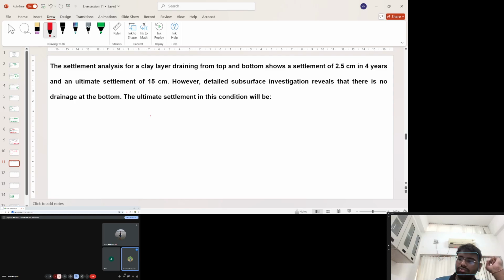Any idea how to calculate? Ultimate settlement is a constant, sir, no change. Yes, the ultimate settlement will not change. That is, the delta H will not change.